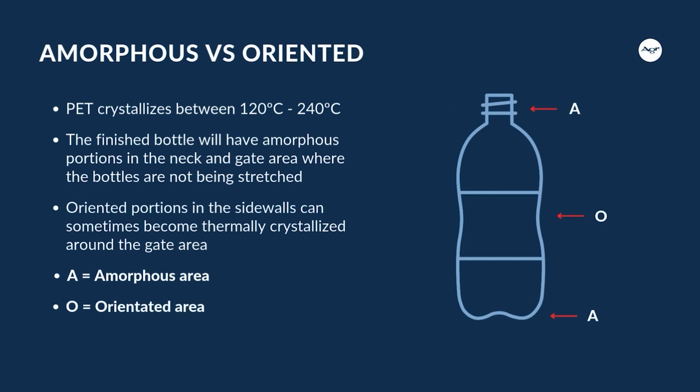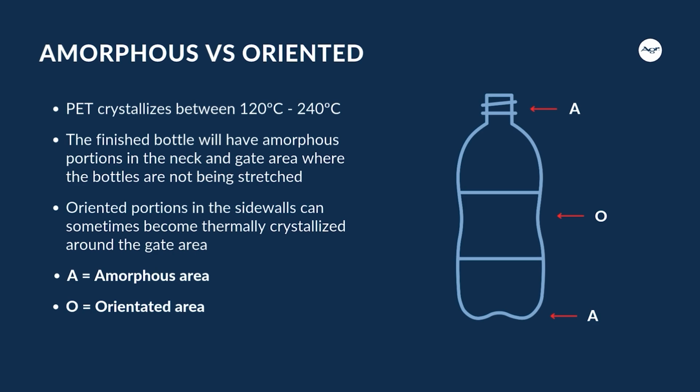Within every container, you actually have three zones. There's the amorphous material, which would be the finish, and it would also be around the gate in the bottom of the container, where that material isn't really stretched at all. The overall sidewall and shoulder is highly oriented, fully axially and radially oriented for getting your maximum mechanically induced crystalline structure.